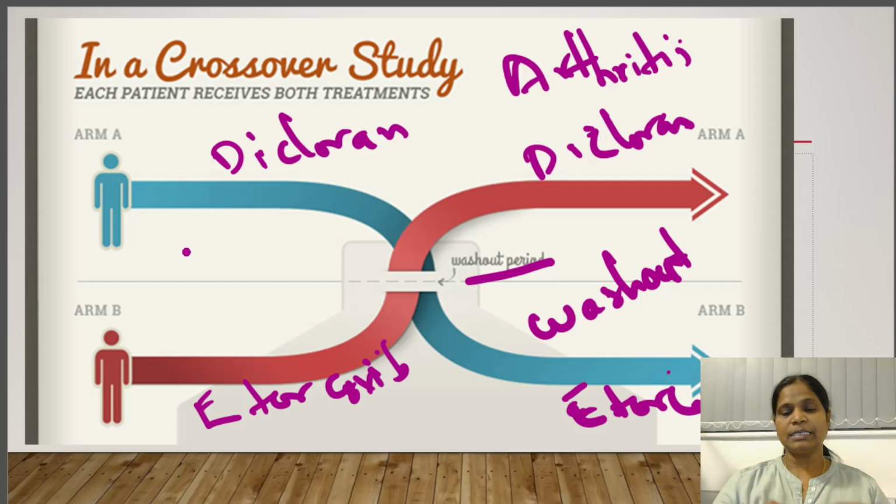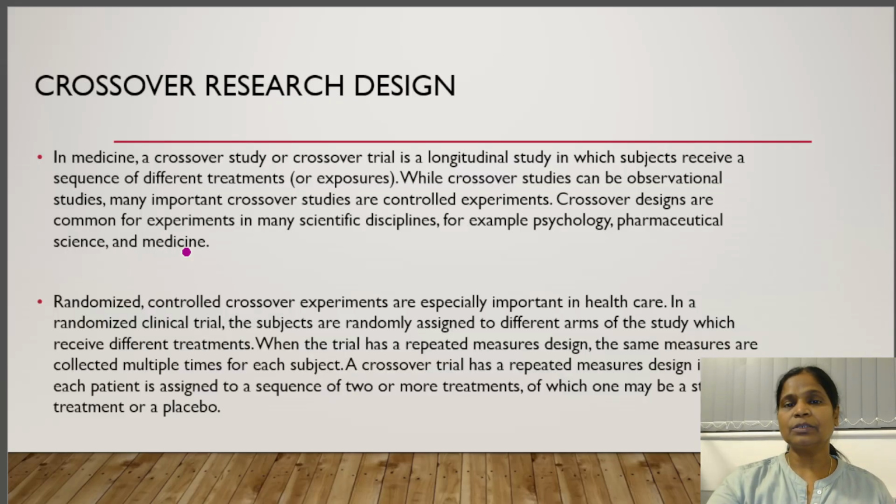So the person in one group receives two or more types of treatment. That is called a crossover study or crossover research design. This is also useful, especially in medicine, clinical trials, pharmaceutical science and psychology. I hope you now understand the crossover study.